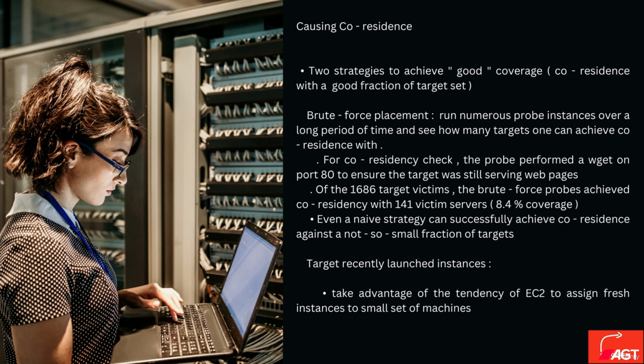The likelihood of obtaining co-residence with the target instance rises as a result. This procedure can be repeated several times by the assailant to improve the possibility of co-residence. To maximize the potential for side-channel attacks, both tactics aim to co-reside with as many target instances as they can. The detection and mitigation of these threats depend on efficient co-residency checks.